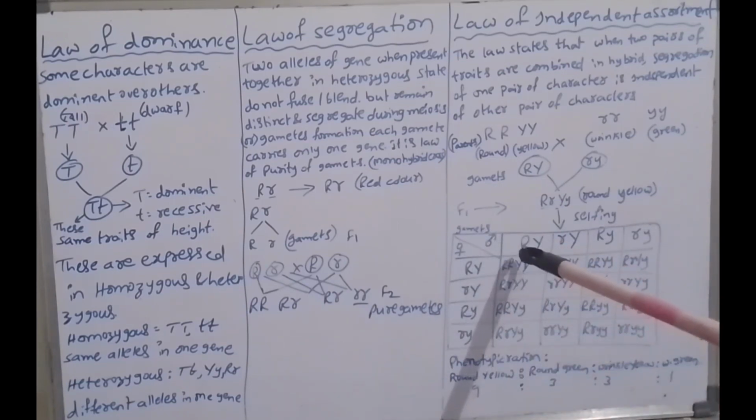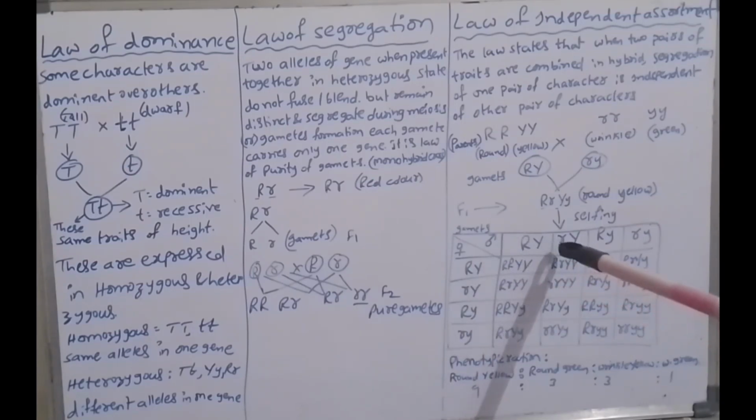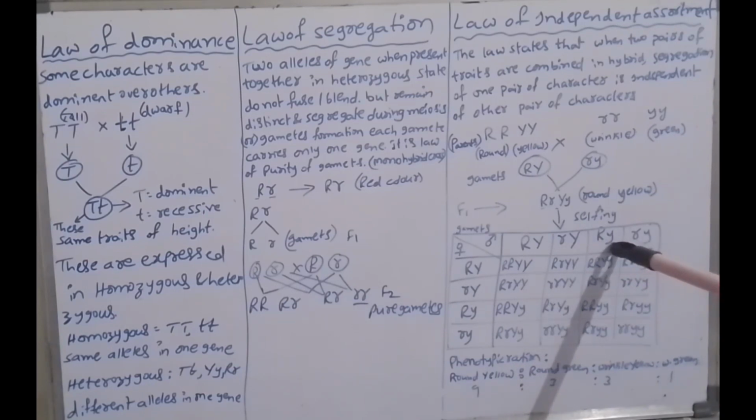Here, capital R capital Y means round yellow. Small r capital Y: small r means wrinkle, capital Y means yellow. Capital R round, small y green. Small r green and small r wrinkle.